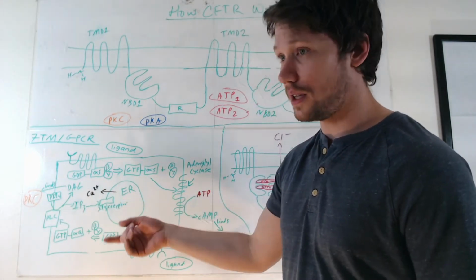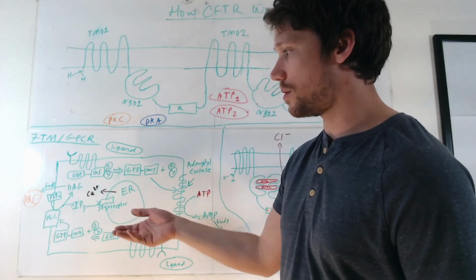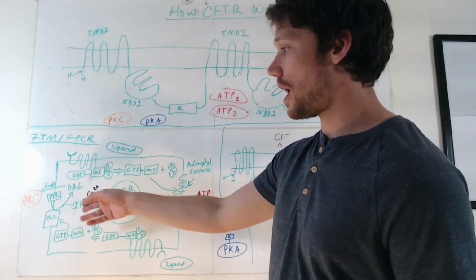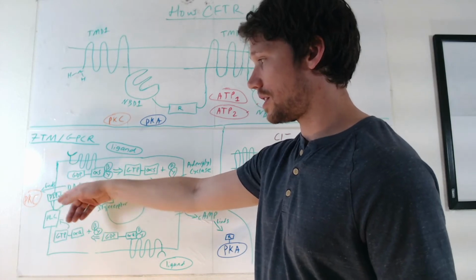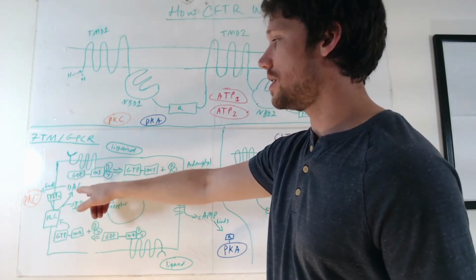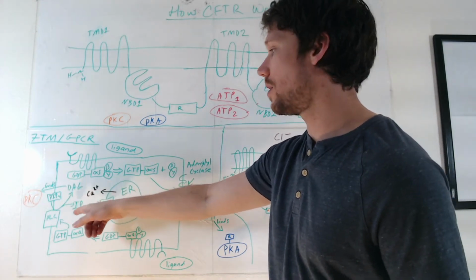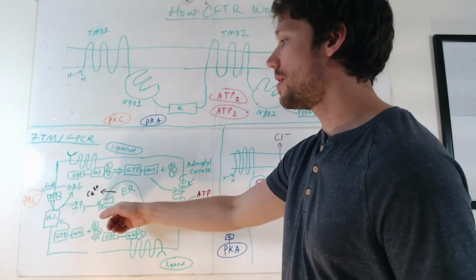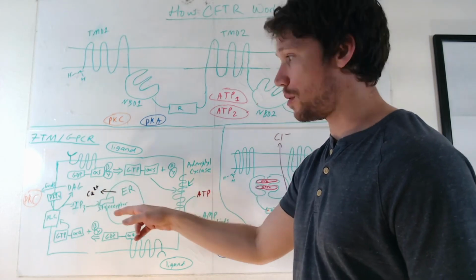PLC is a phospholipase C protein, which takes PIP2 inside the membrane and converts it into DAG, which is diacylglycerol, and IP3. Now these two split off and do separate things.